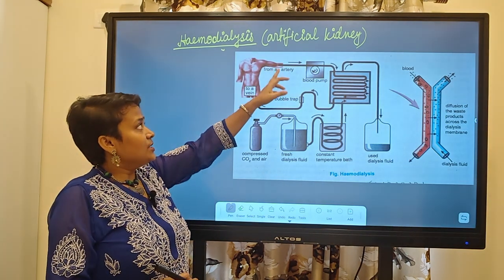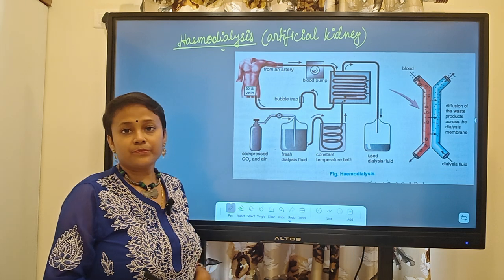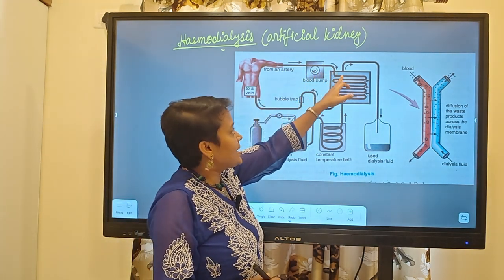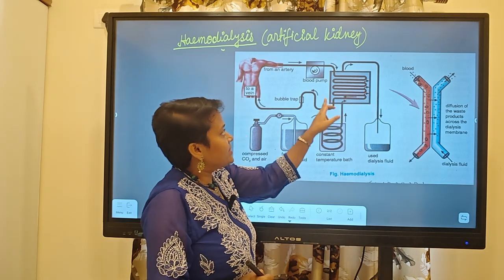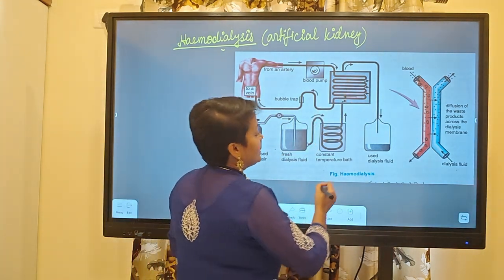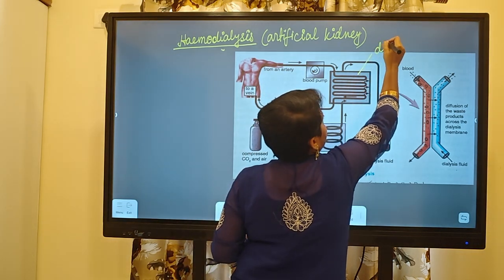Now, blood from a convenient artery will be taken out here, and by the pump it will be sent to a chamber, and the chamber is filled with dialyzing fluid.